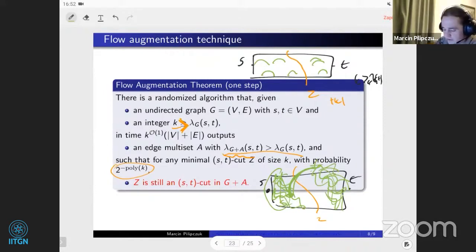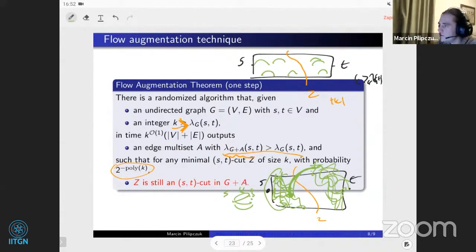The size of the reachable set from S will not matter here. Sometimes it's easier to think that S is actually of degree K. You add something like that, but that doesn't matter. That's a technical thing, I think.